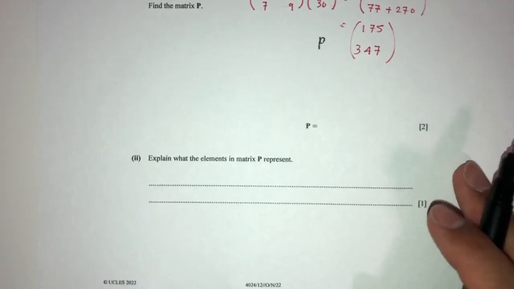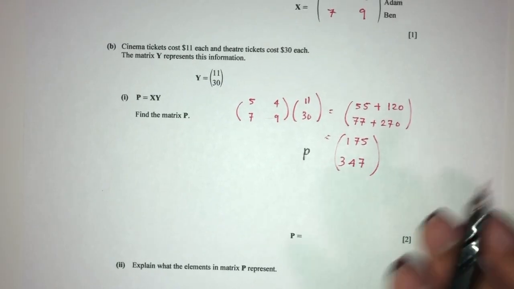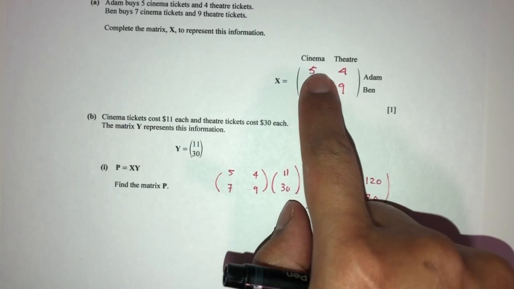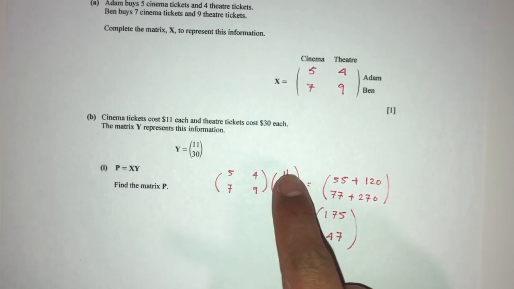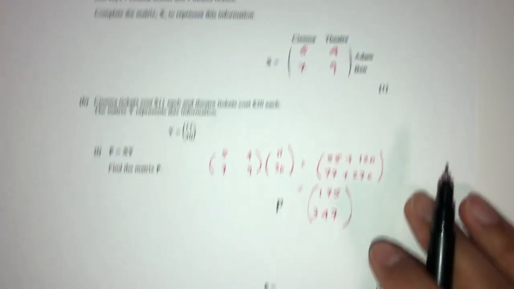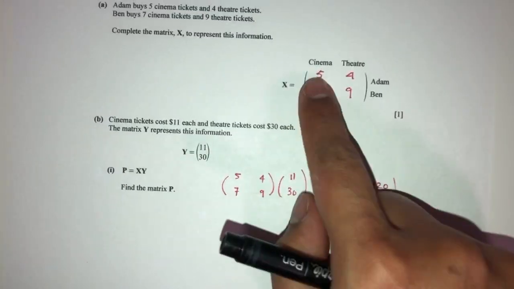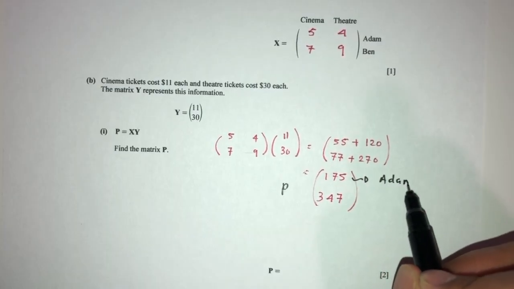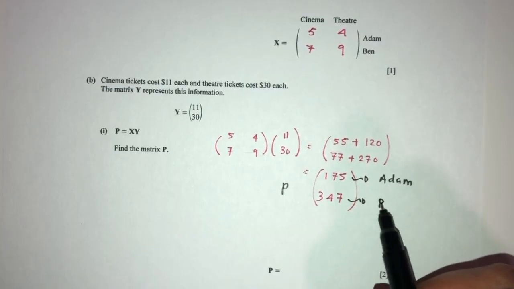Explain what P means. So pretty easy. As you can see, we're taking 5 tickets times the cost of the ticket plus 4 of those times the 30. So 5 and 4 belong to Adam, which means this is how much money Adam spent, and this is how much money Ben spent.